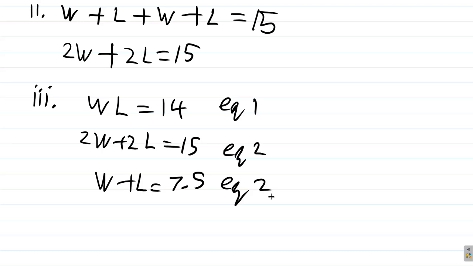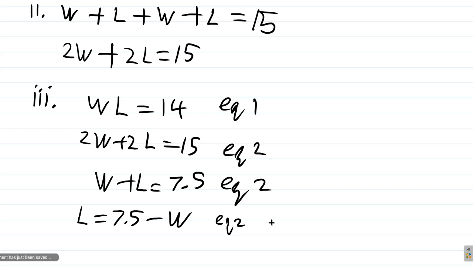Now, let us transpose equation 2 for either W or L and substitute in equation 1, alright? Suppose we make L the subject of the formula of the equation. So L is equal to 7.5 minus W. This is still equation 2. It is transposed.